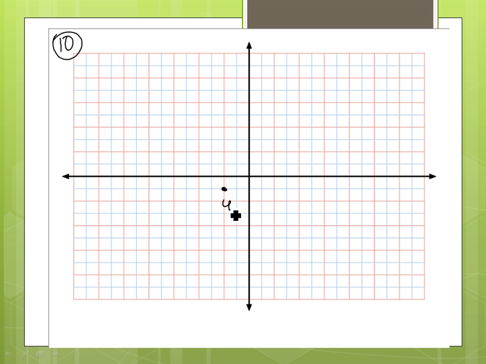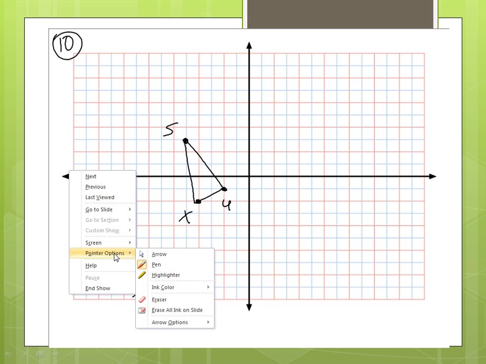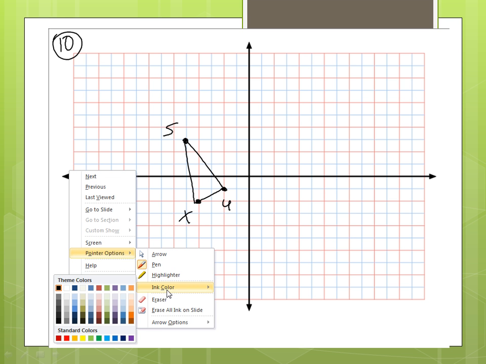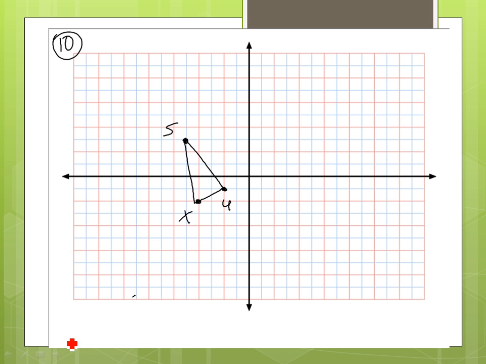That's U, -4, -2, that's X, and then -5, 3, that's S. It's our original shape. The pre-image looks something like that. And then the image looks something like this.